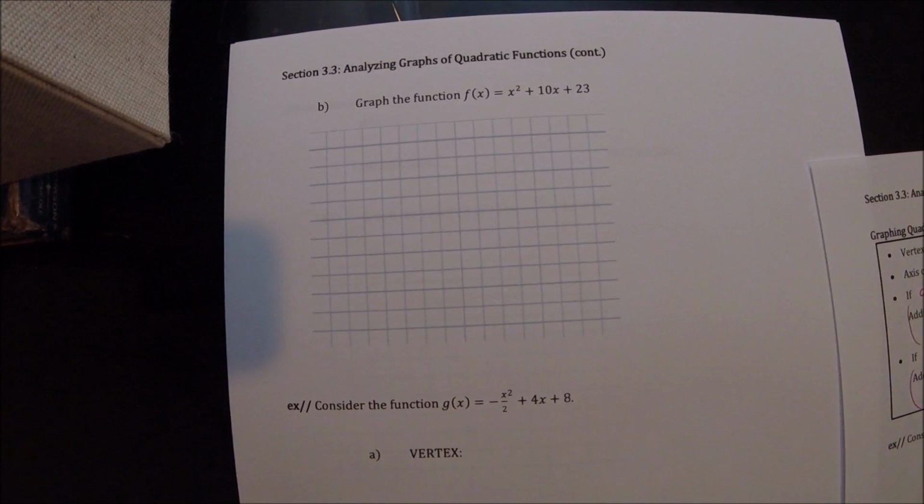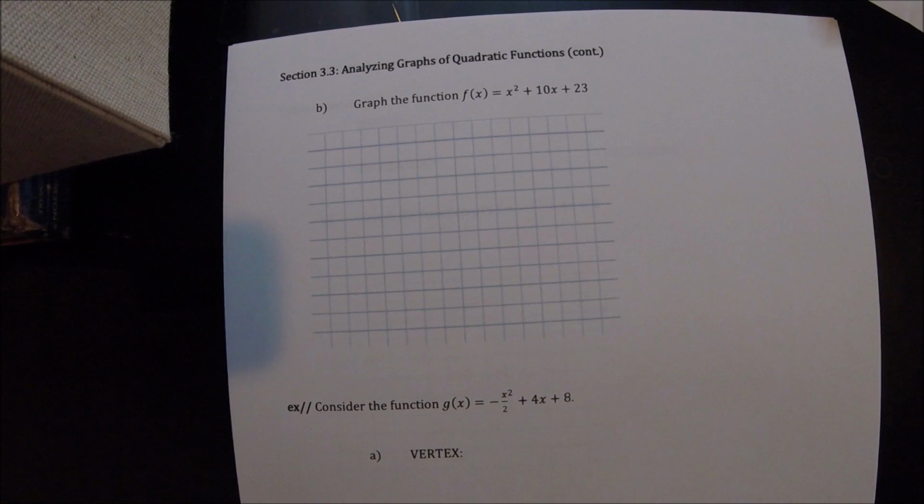So part B is we're going to graph that same function that we just wrote down all the information about. This time it said that there was a vertex at (-5, -2).